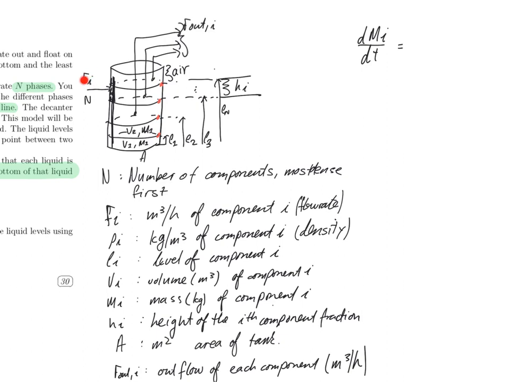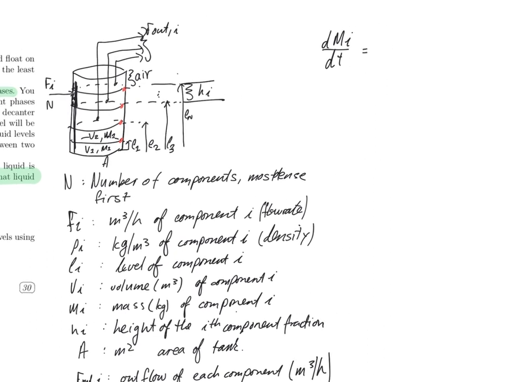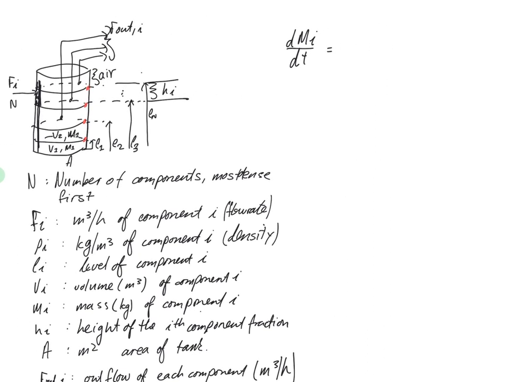So fi is going to come in with density rho i, and f out with density rho out, minus rho i f out i. Okay, and there's going to be n of those equations.